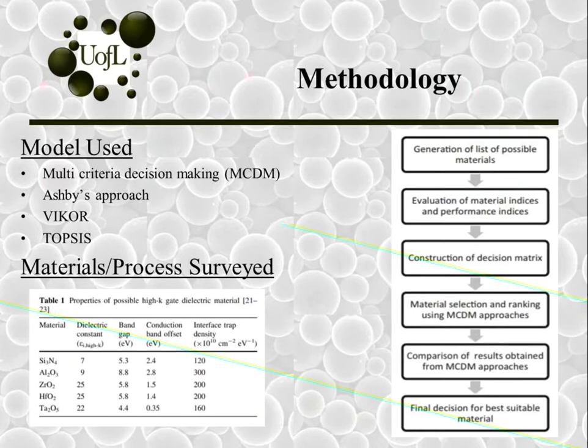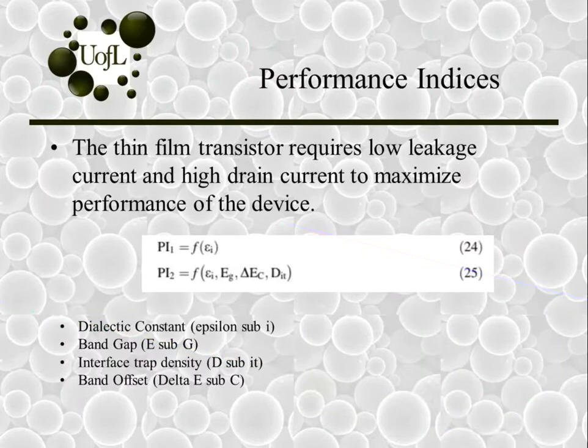Branching off the multi-criteria decision-making model, the authors use Ashby's approach, which we've used throughout class, and also V-Core and Topsis methods. Below you'll see the materials that they examined and the properties they looked at.